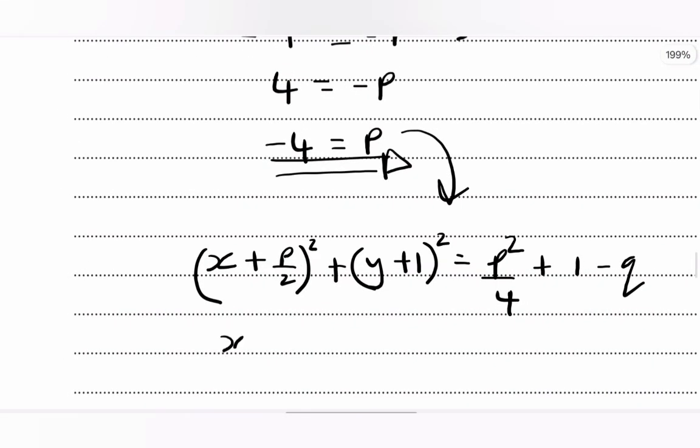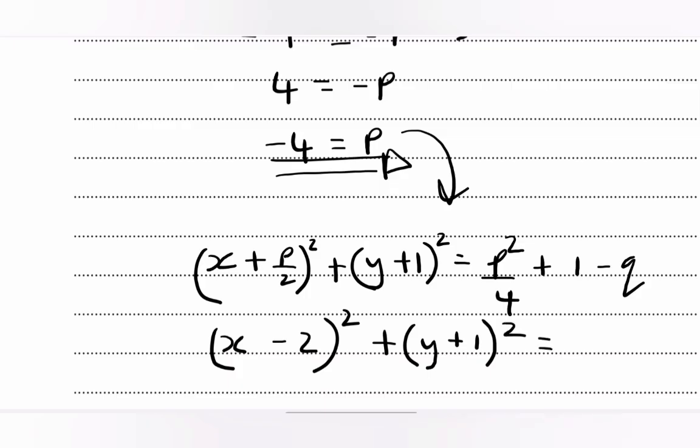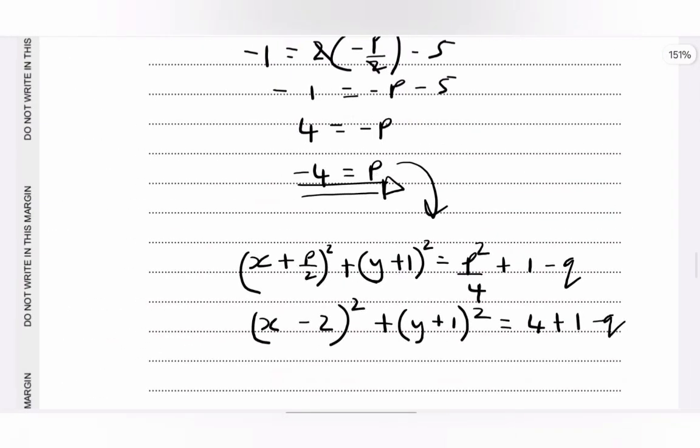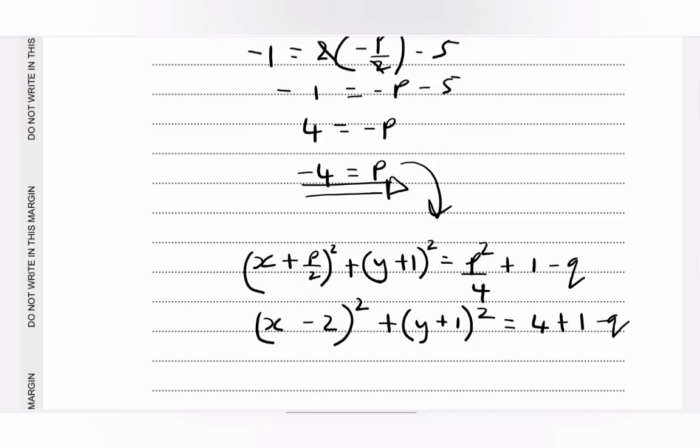So we'll get x plus, that's minus 4 over 2, so that will be (x minus 2) squared plus (y plus 1) squared being equal to 4 squared, that's 16 over 4, which is 4, plus 1 minus q. And now with this, you can see we have x, y, and q.